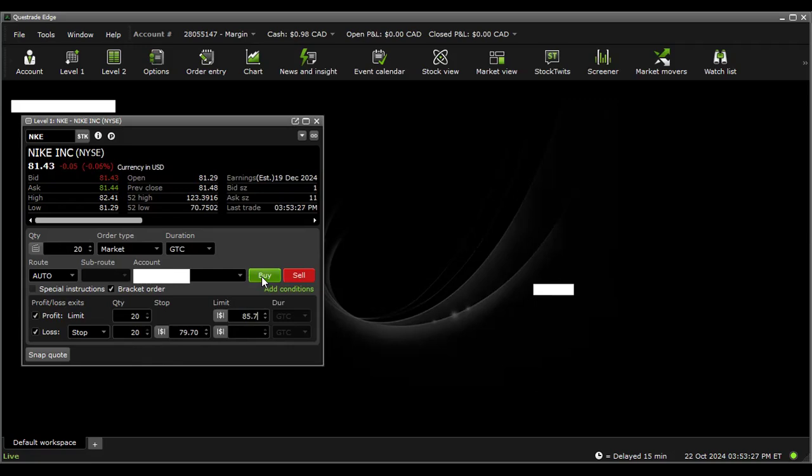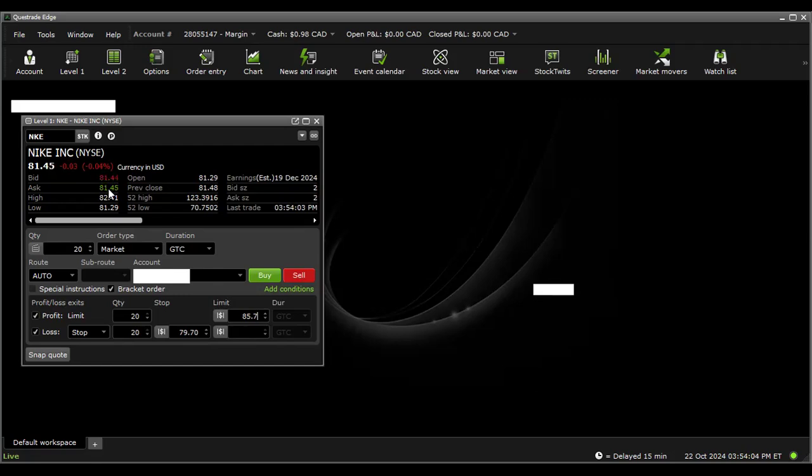Once you get all that done, you can click buy. You already know this is the quantity that you're going to buy. You pick the account, you have the profit limit, so you will sell at 85.7, and you will stop loss at 79.7. This will give you your target of $80 profit and $40 loss if you are not that lucky.